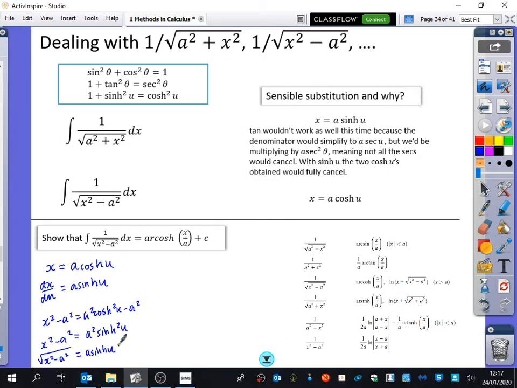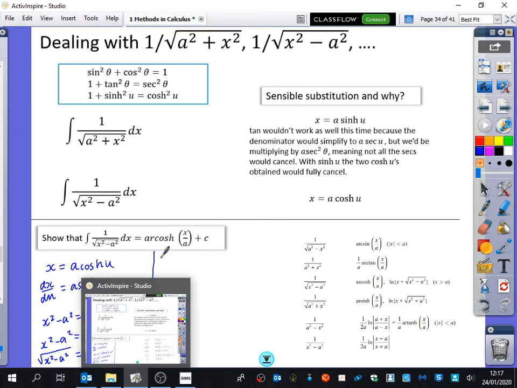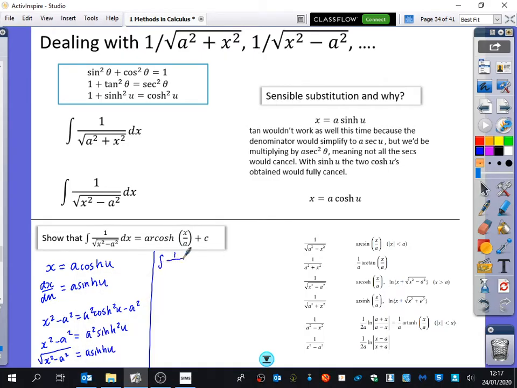Okay? So when we go in with doing all of the substitution, the integral of 1 over the square root of x squared minus a squared dx, we just go straight in with what all the substituting is. Well, we can see dx is a sinh u du, and this is 1 over a sinh u, and we're multiplying it by a sinh u du.